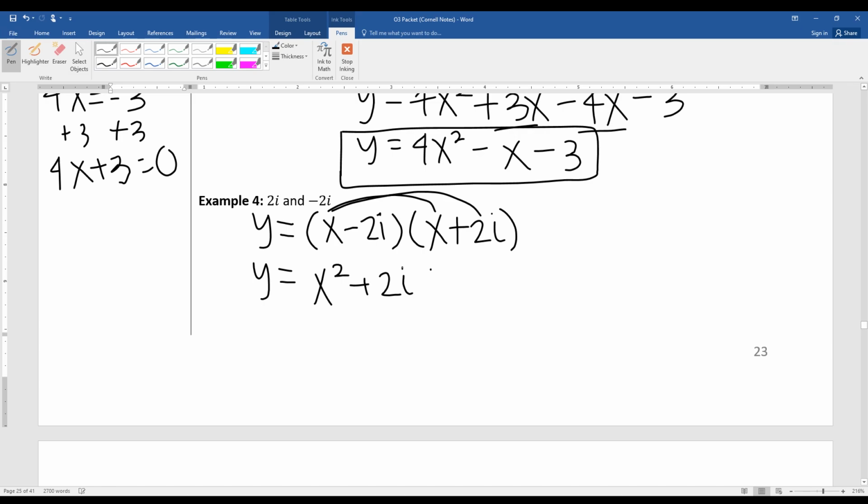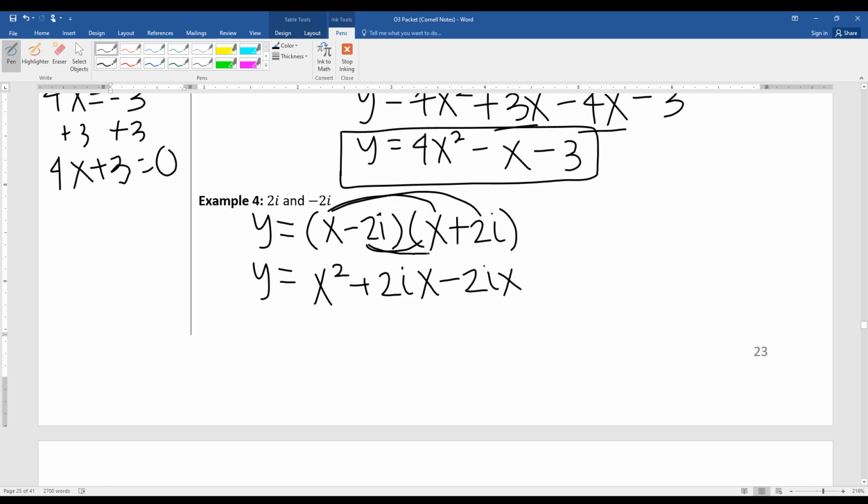Then I'll put the i and then the x. Technically, the order doesn't matter since we're multiplying here. Whatever order you choose, I recommend that you keep it consistent. Next part is negative 2i times x. So I have a negative 2, an i, and an x.